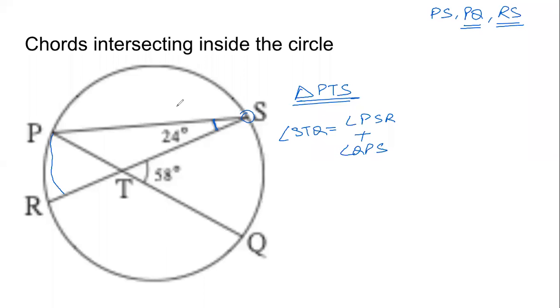And we know by the inscribed angle theorem that this angle of measure 24 degrees is half of the measure of the arc PR. So this 24 here is equal to 1/2 measure arc PR. Why? How? Inscribed angle theorem, which we studied in the last class.